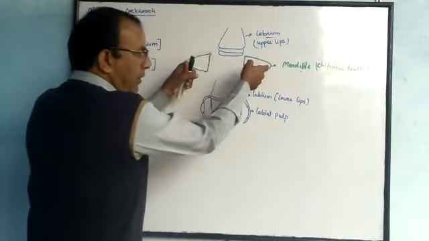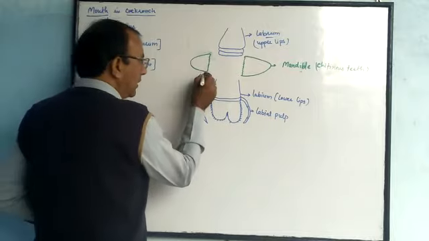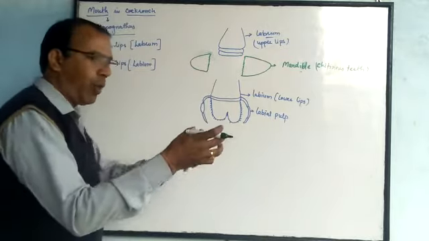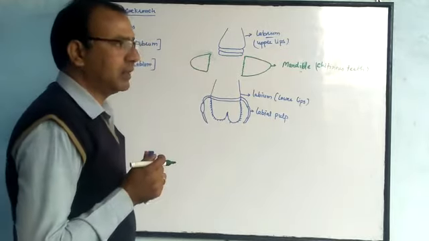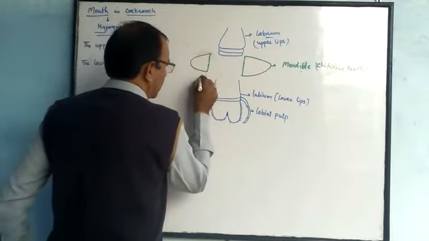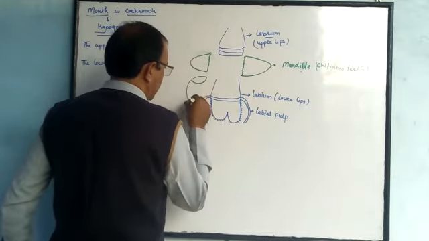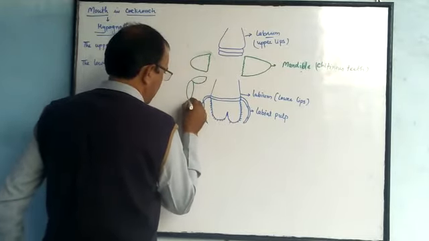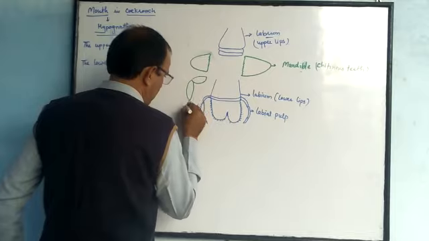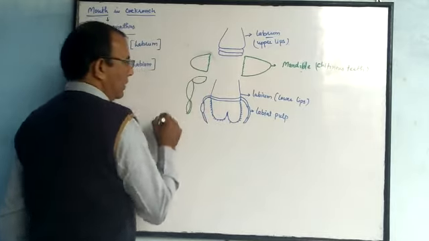Just below the mandibles is another structure which helps to hold the food particles, known as the maxillae.